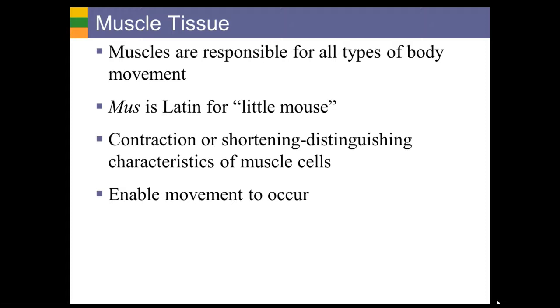Muscles cause movement by contracting or shortening. It is a distinguishing characteristic of muscle cells. No other cells in the body shorten or contract, and this is what enables movement.